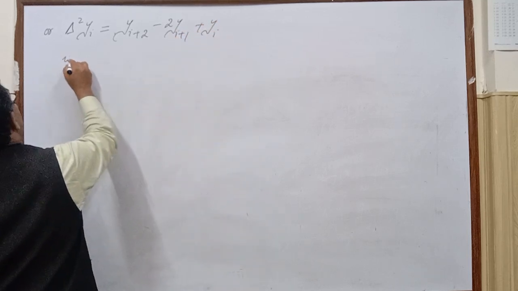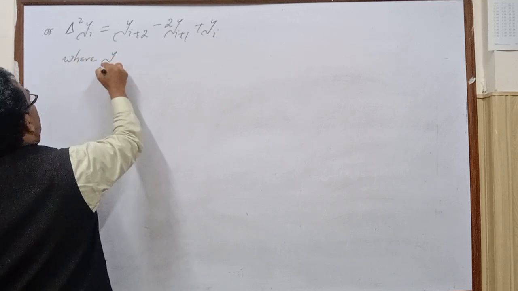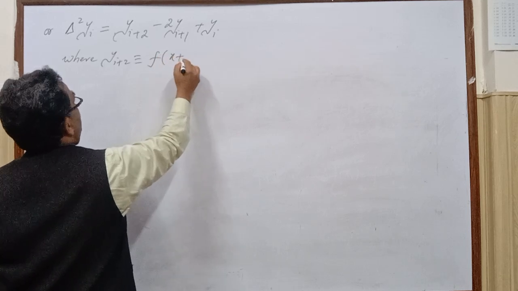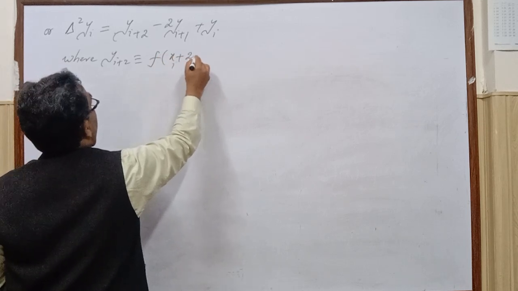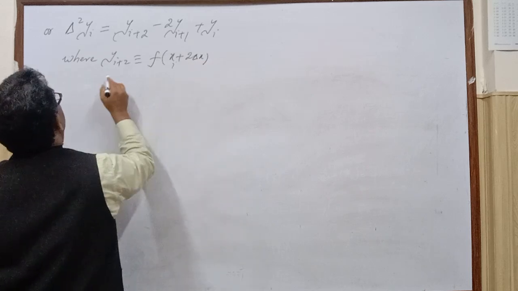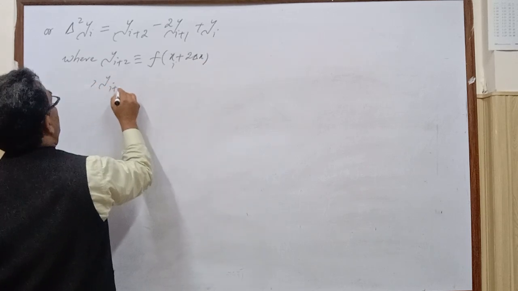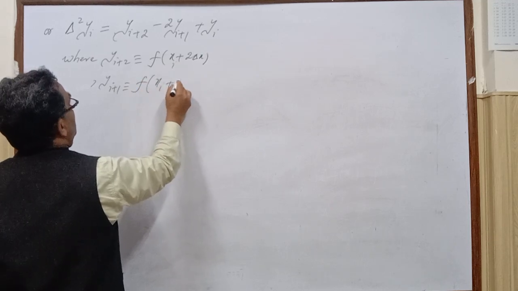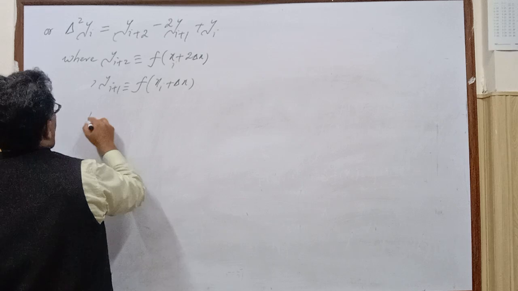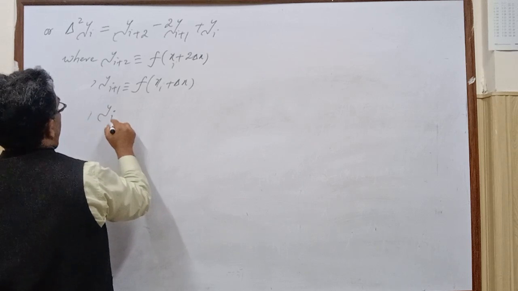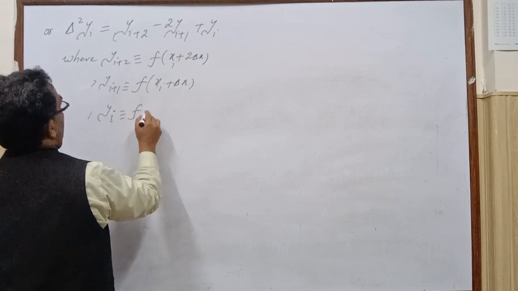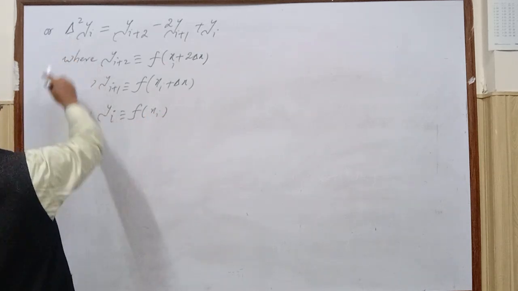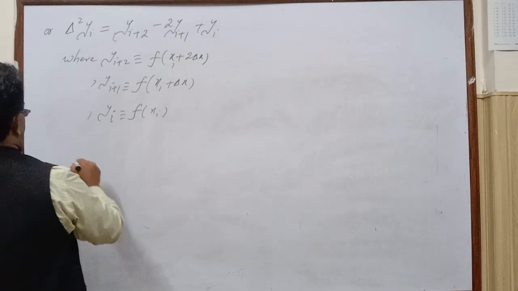Okay, where yi plus 2 is actually equivalent to f of xi plus 2 delta x, and yi plus 1 is just equivalent to f of xi plus delta x. And you already know yi is just f of xi.